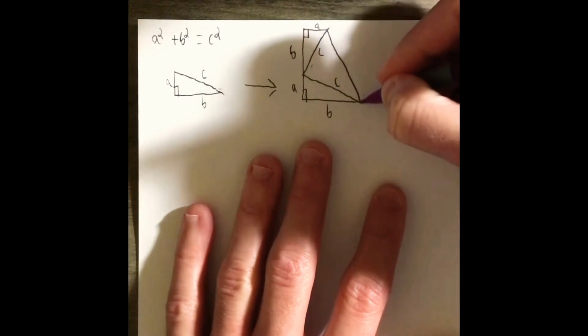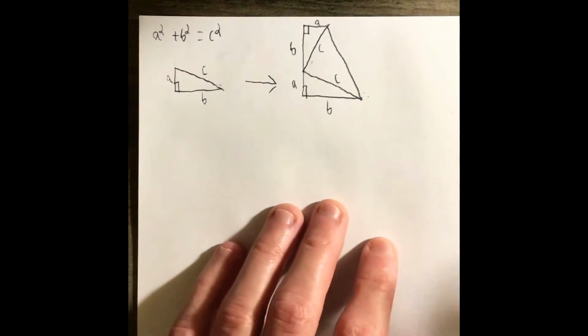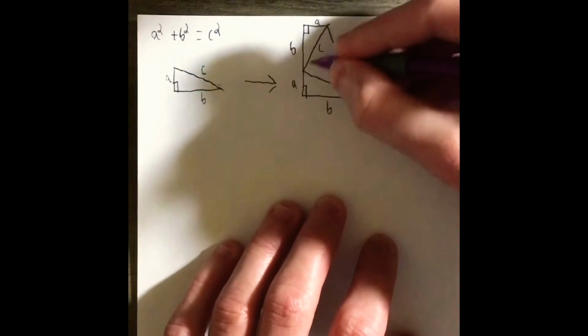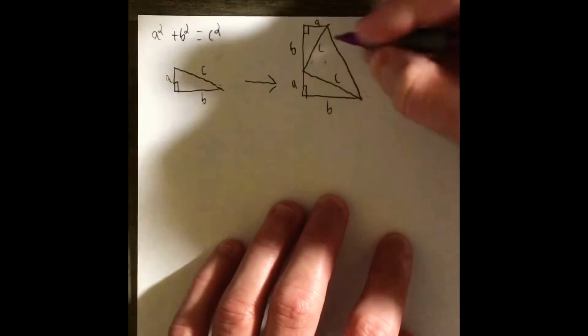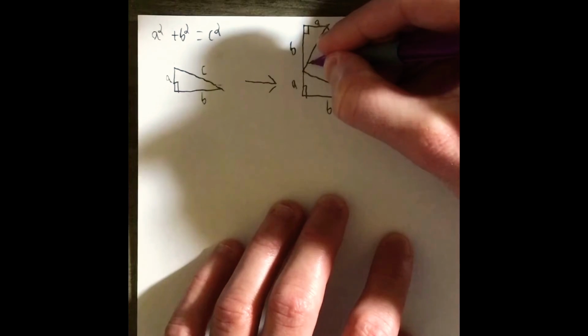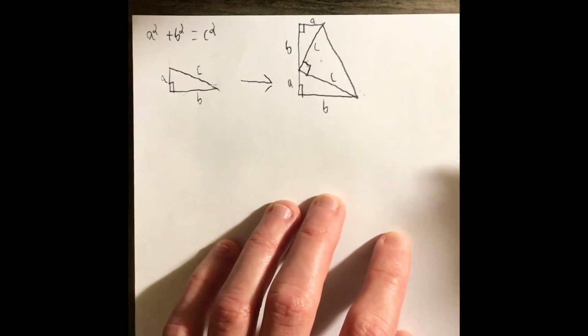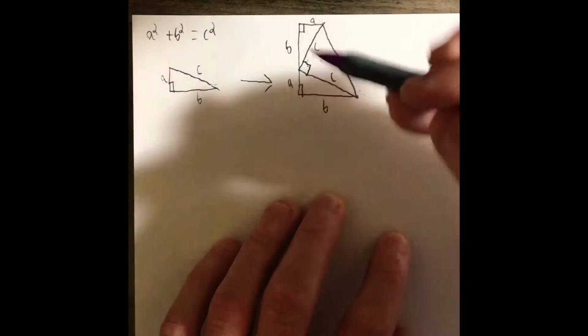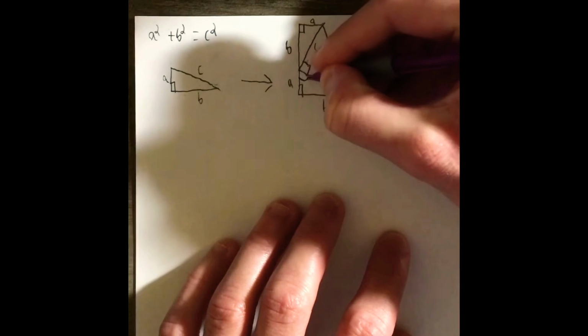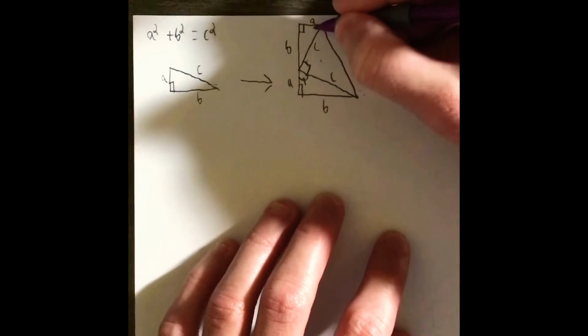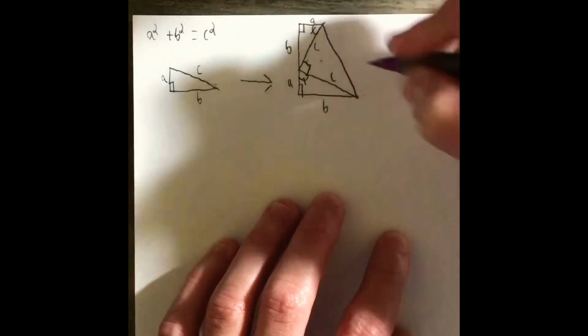So just like that. And it turns out that this newly created triangle in the middle right here is a right triangle. And the reason for that is that the angles in a triangle add up to 180 degrees. Well, this angle right here is equal to this angle up here.